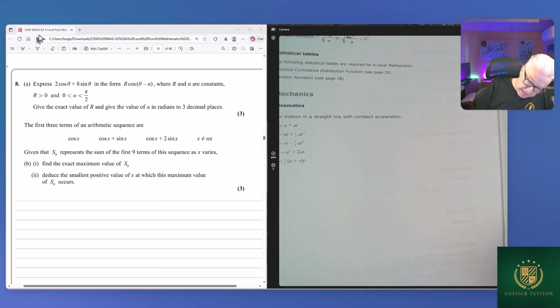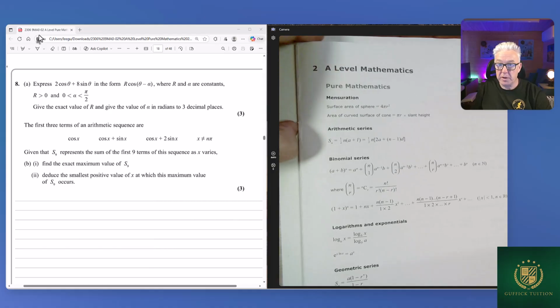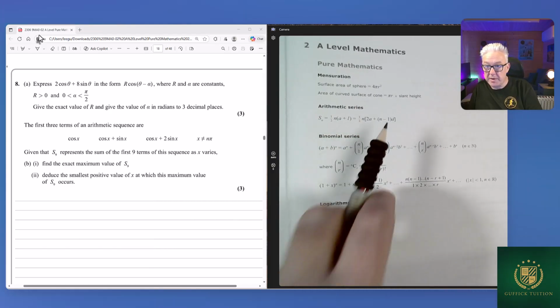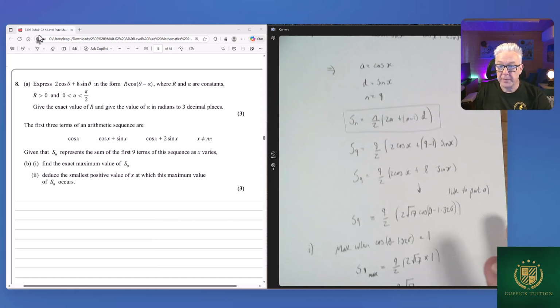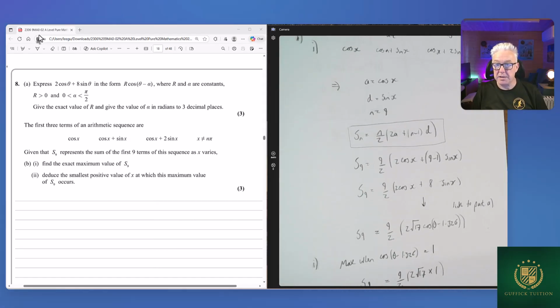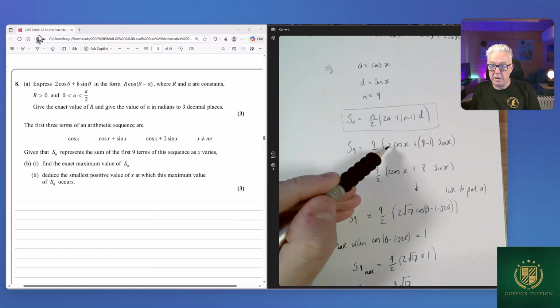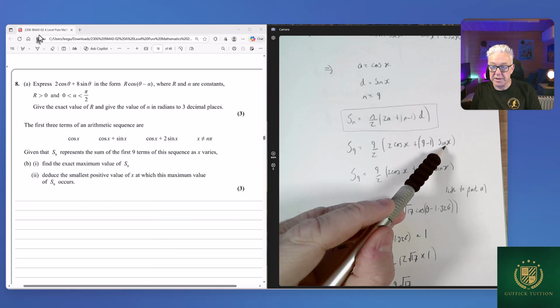And I think it's, yes, over the page here. Okay, in the formula booklet, there we go. We have the sum of an arithmetic series there. So we're just going to use that formula from the formula booklet and sub in our a, d, and n. So n is 9, a is cos, and the common difference is sine.